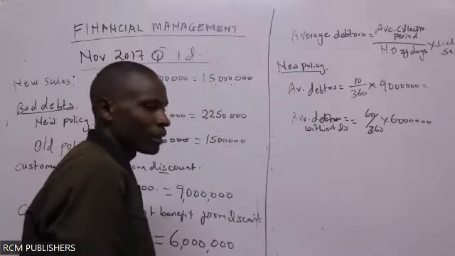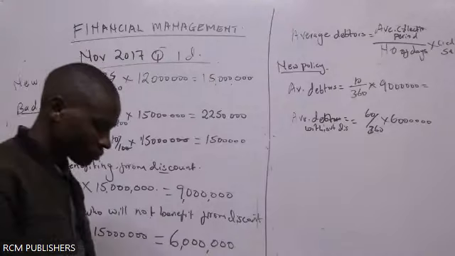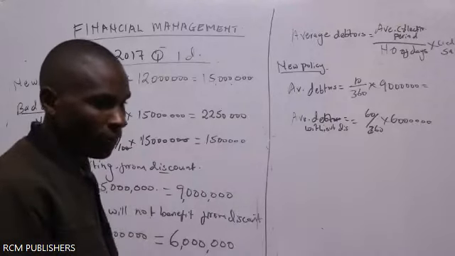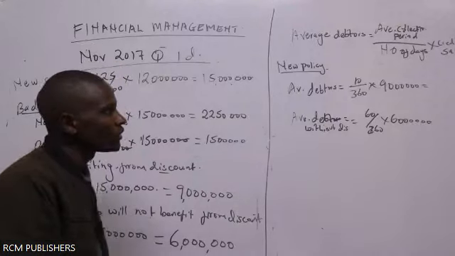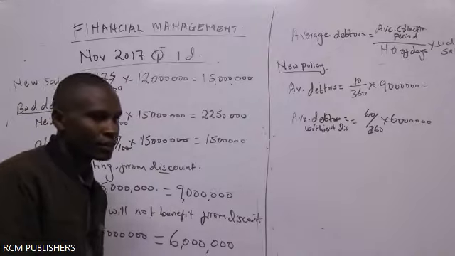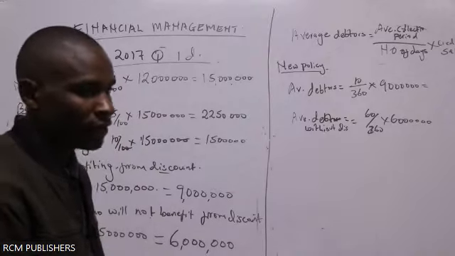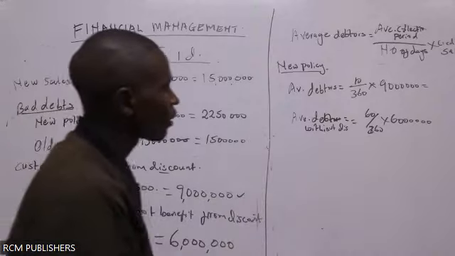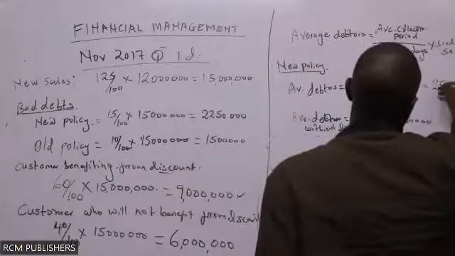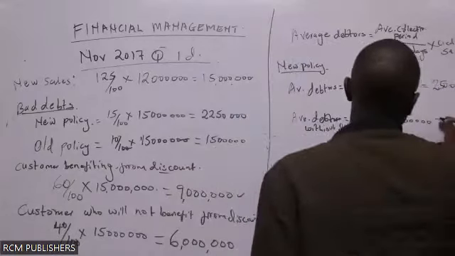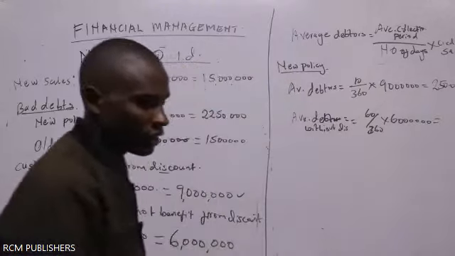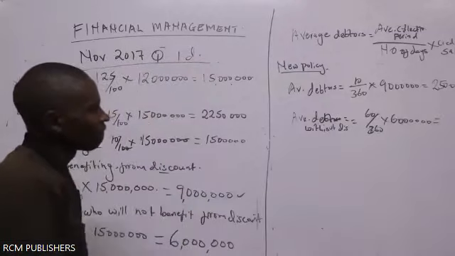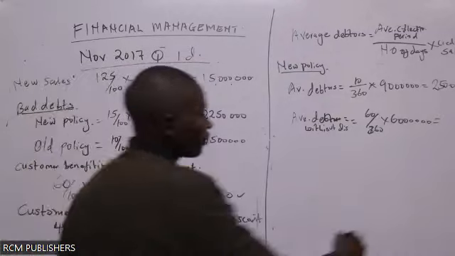Average data ya kwanza itakuwa ngapi? 10 divided by 360, I multiply by my credit 6, 250,000 from that is 250,000. Then the other one itakuwa ngapi? In 360, 1 million.